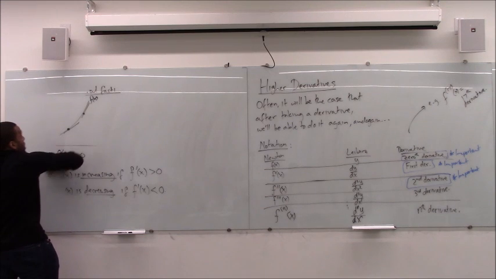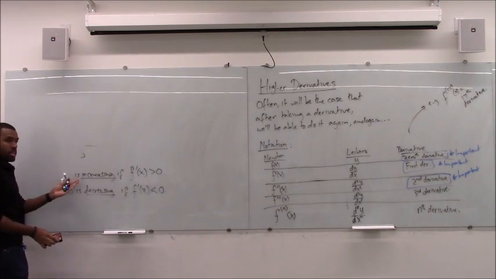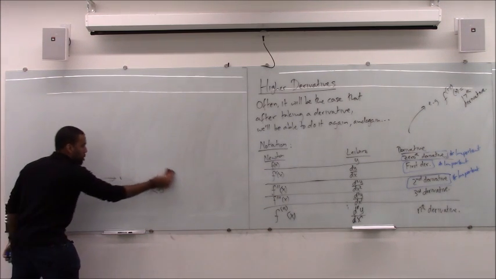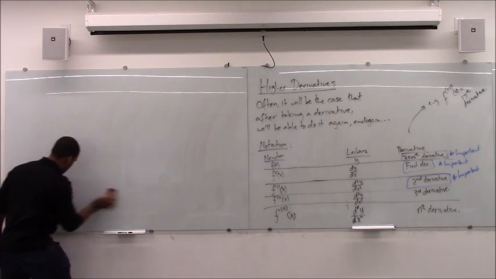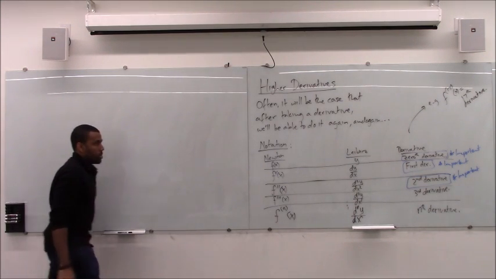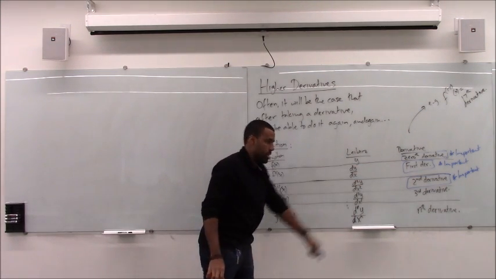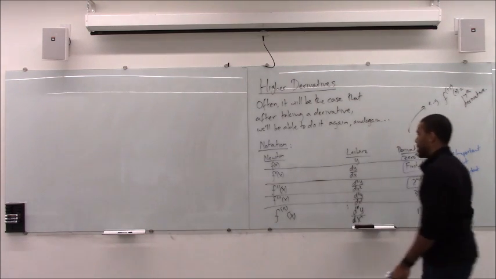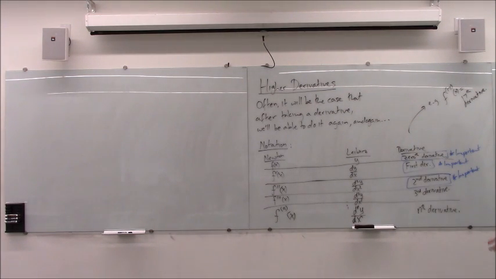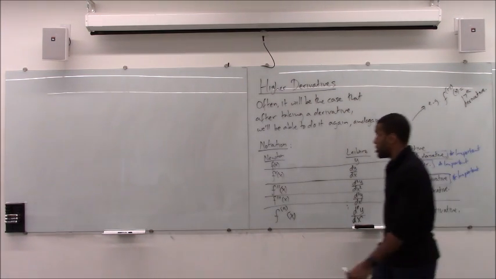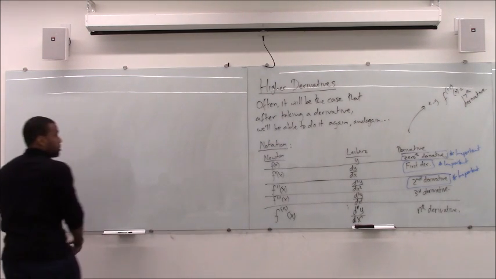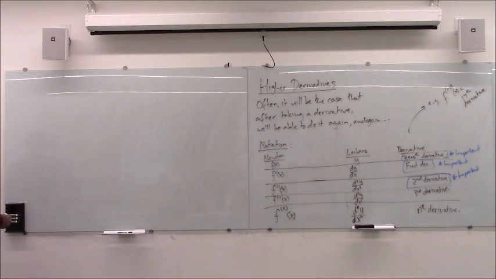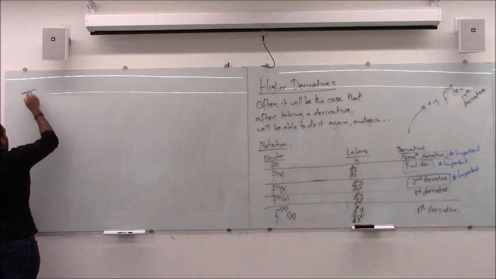One way to apply the first derivative is to talk about increasing or decreasing. Something is getting bigger or smaller over time. We can describe getting bigger or smaller in terms of the sign of the first derivative. So that's important. For the moment, let's talk about the second derivative.